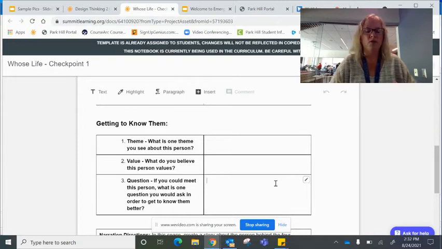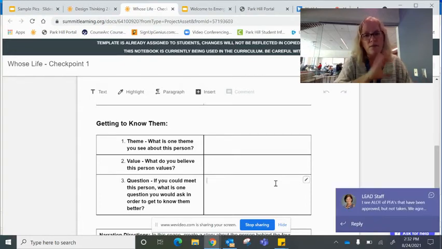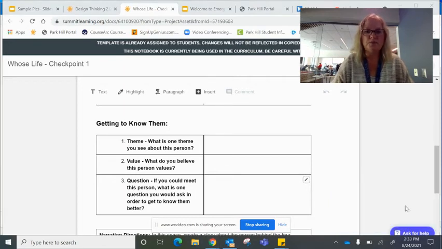Now, you can't ask, what's their name? I'm not going to tell you that. You can't ask stuff like, are they a boy or a girl? That's not what we're talking about. We're talking about questions about who they are as a person from the four pictures that you have gotten.